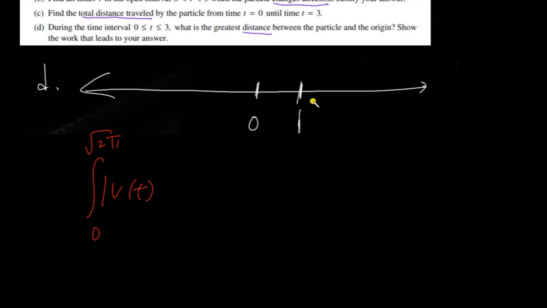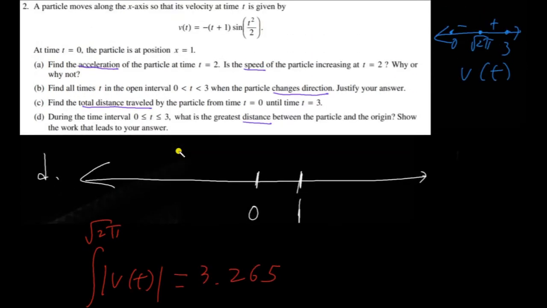If the distance is greater than 1, that means it crossed x equals 0. If it's less than 1, it did not. So if we evaluate this integral, it comes out to be 3.265.